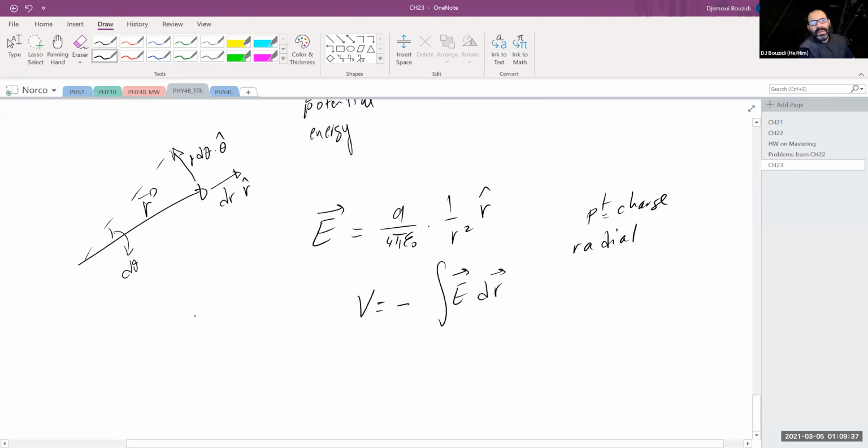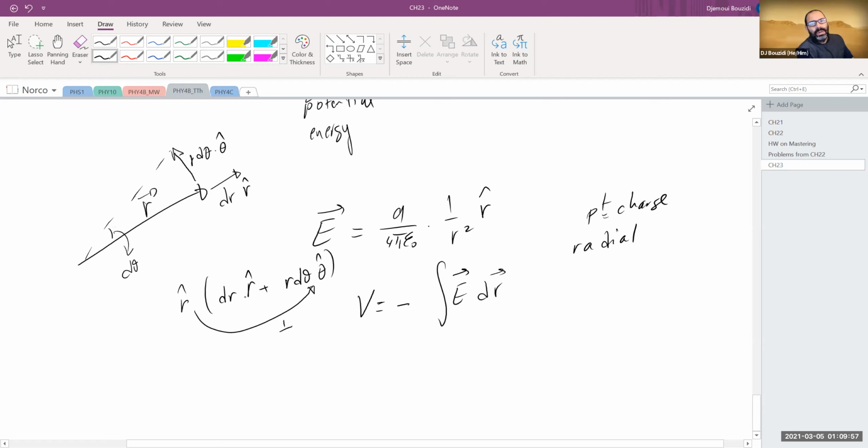It doesn't matter, since it's the dot product of r hat with dr r hat plus something that involves theta hat, and that product is going to be 0 because they're perpendicular. The cosine of 90 degrees is 0. So the only thing that stays is r hat times r hat, a unit vector times itself, which gives 1, because its length is 1, the length of the second one is 1, and the cosine of the angle between them, 0, is 1.